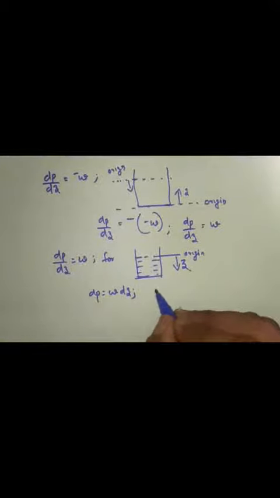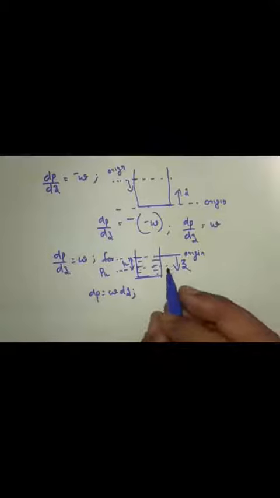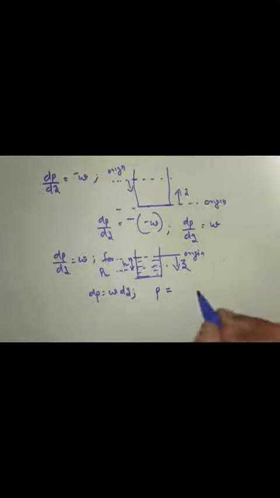So the integration of w dz will give you the total pressure at any point. So pressure at any point, this is the h height. So you will get pressure at h as p is equal to integral of w dz from the origin up to h, from 0 to h.